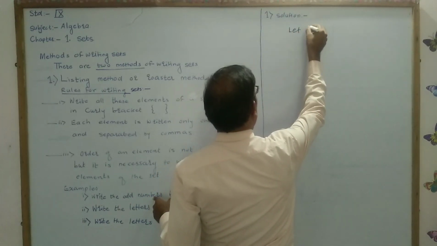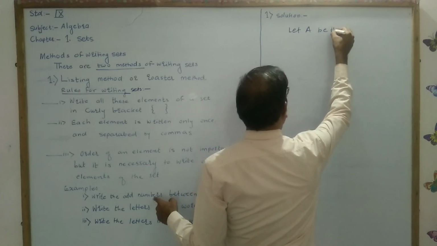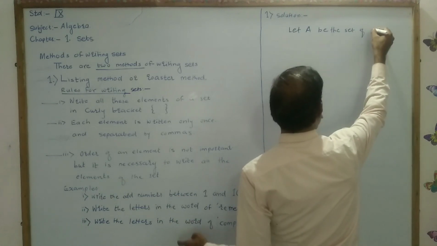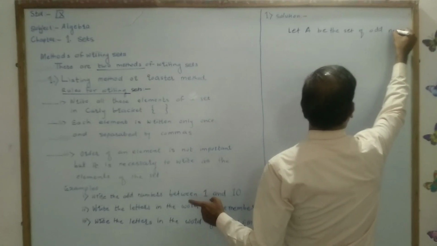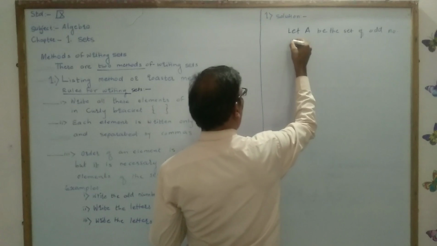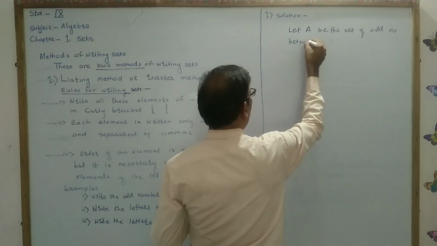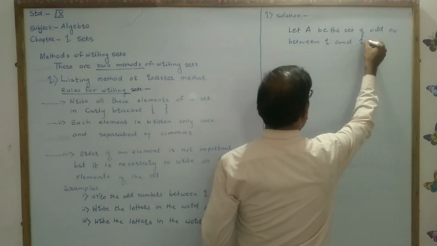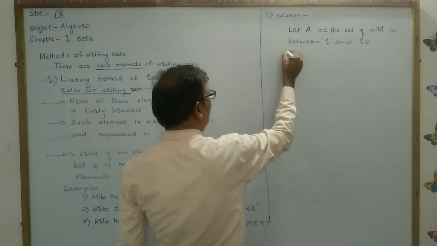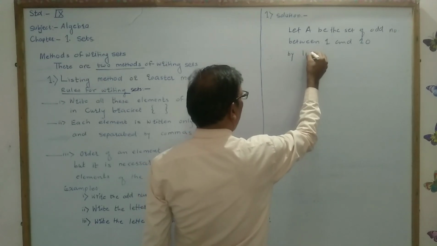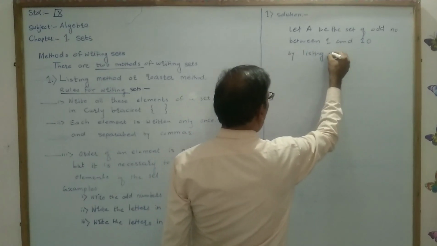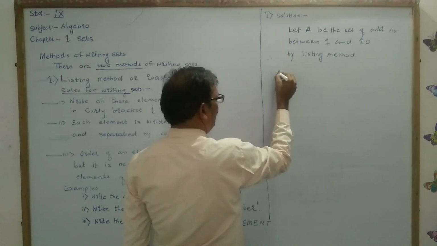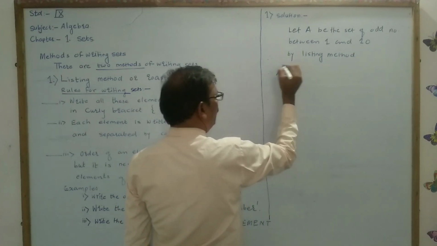Let A be the set of odd numbers between 1 and 10. Therefore, by the listing method, A is a set. What is A?